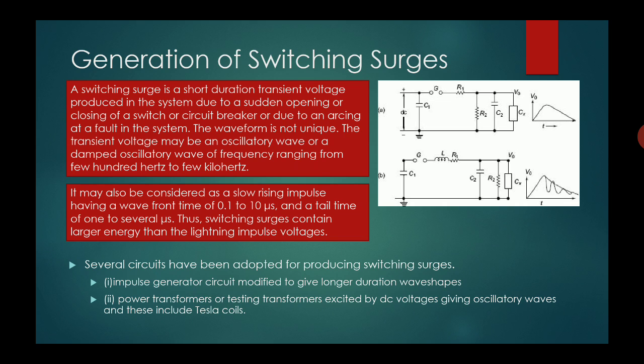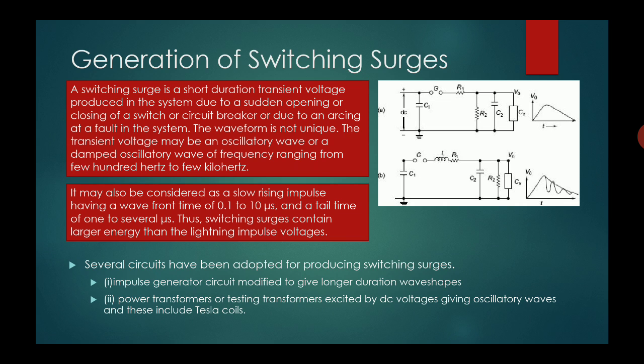So one is the impulse and another is the surge. A surge is again a kind of impulse, but in the surge the rise time is a bit longer. On the right hand side you can see a typical surge creating circuit.